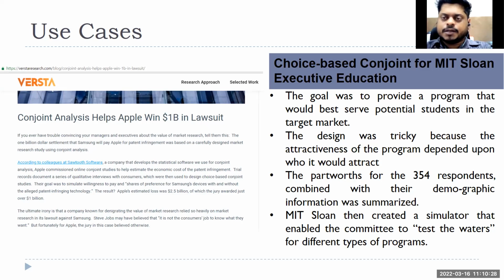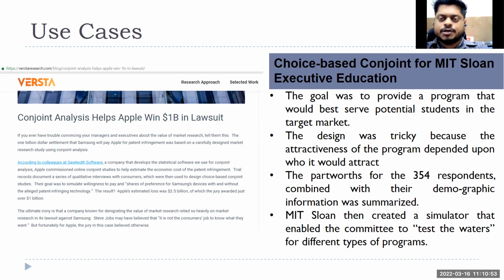So there they were able to find the difference, and that's why, though they did not award it, they showed 2.5 billion. They showed that the loss due to this patent infringement, because Samsung has stolen this patent and is using it, and customers are buying their product for that, was around 2.5 billion dollars through conjoint analysis.